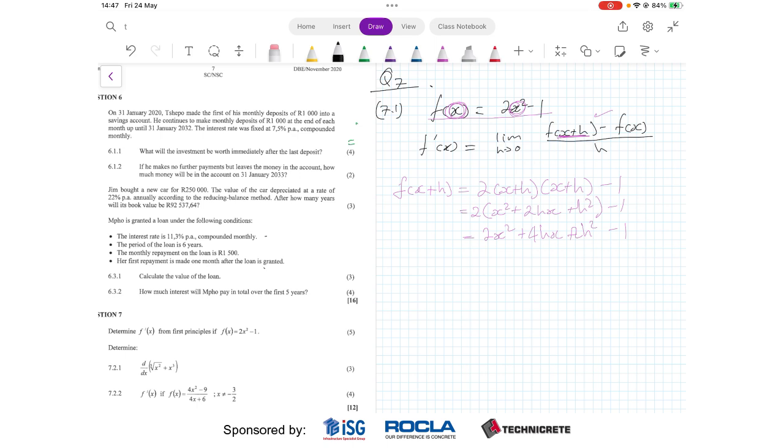Now, what we're going to do is take this and substitute it into our formula. And when we do substitute into our formula, what do we get?